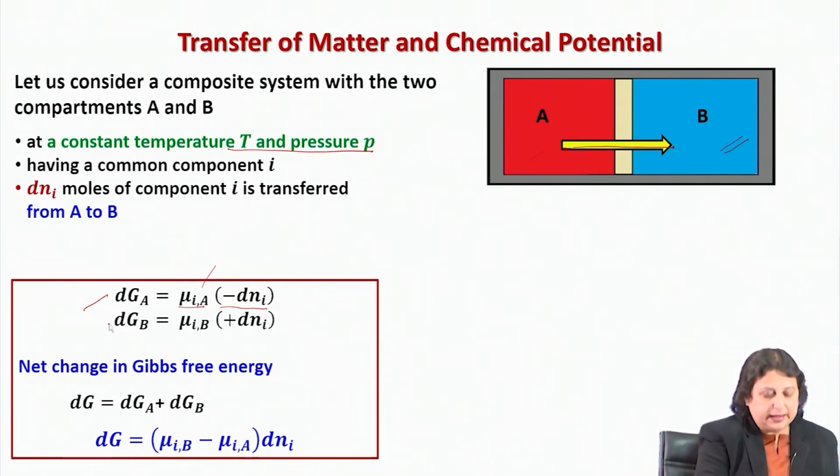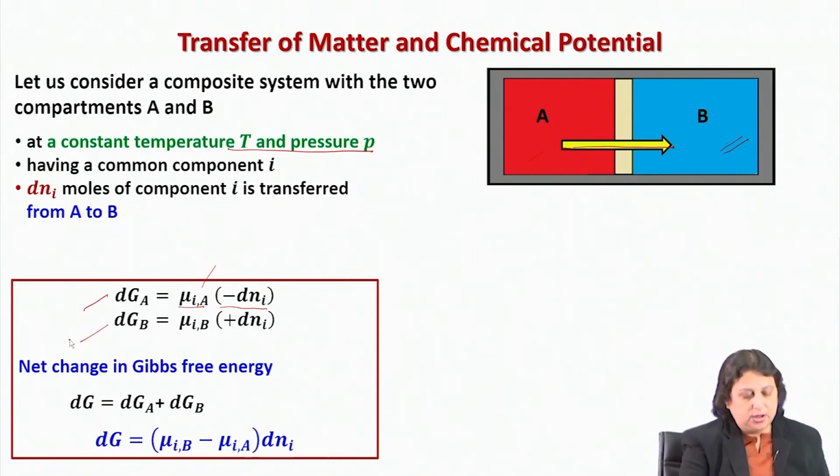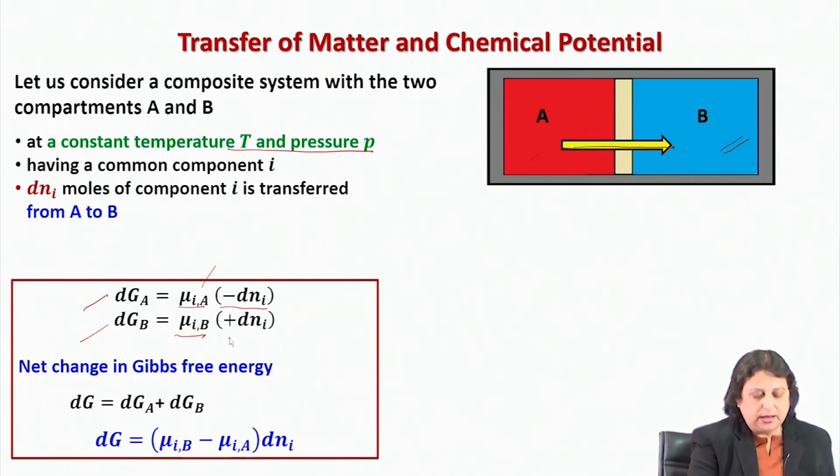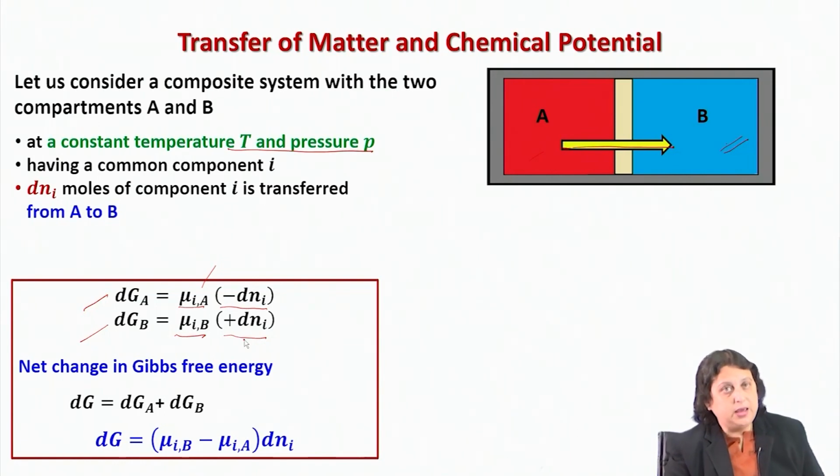That is given by dGB, and this is going to be mu IB into plus dni. Now, mu IB corresponds to the chemical potential of the ith component in the compartment B.